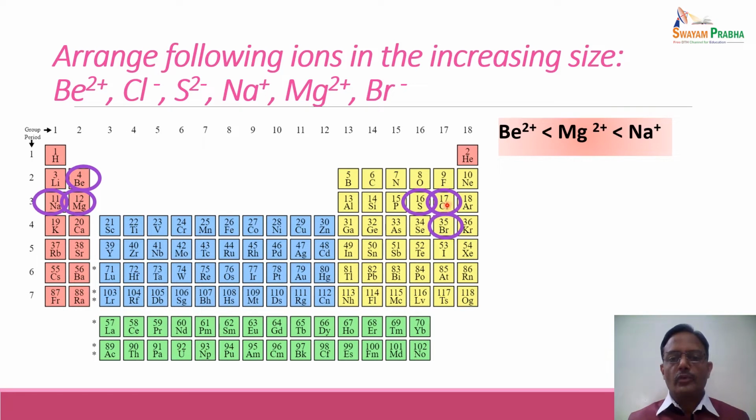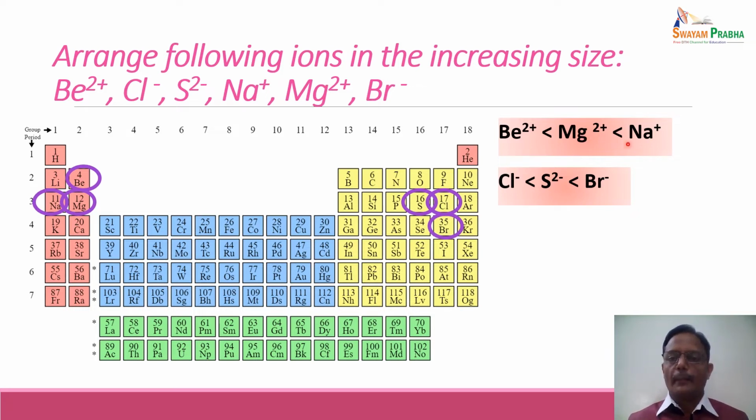From right to left, the ionic radius will increase, and also due to the presence of two extra electrons in sulfide ions, the ionic radius will be further increased. As a result, chloride will be smaller than sulfide, and sulfide will be smaller than bromide because bromine has one extra shell as compared to chlorine. So this is the trend of these three elements.